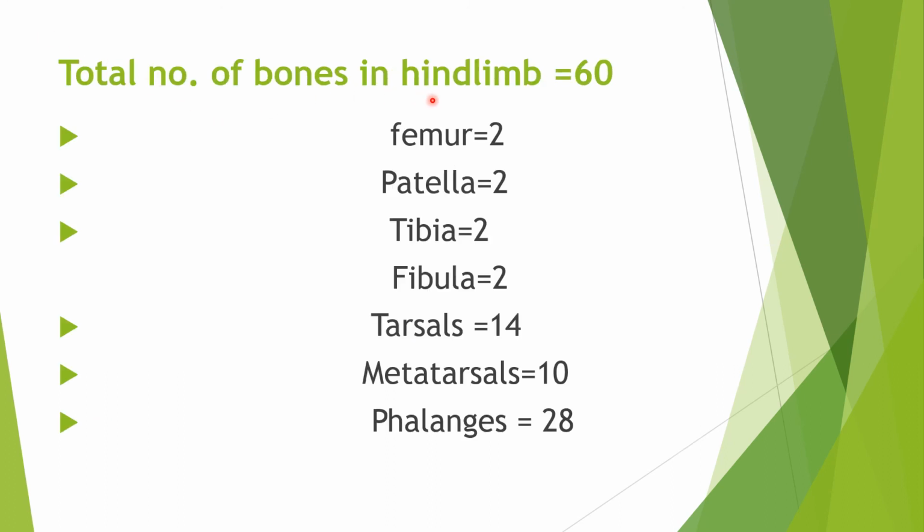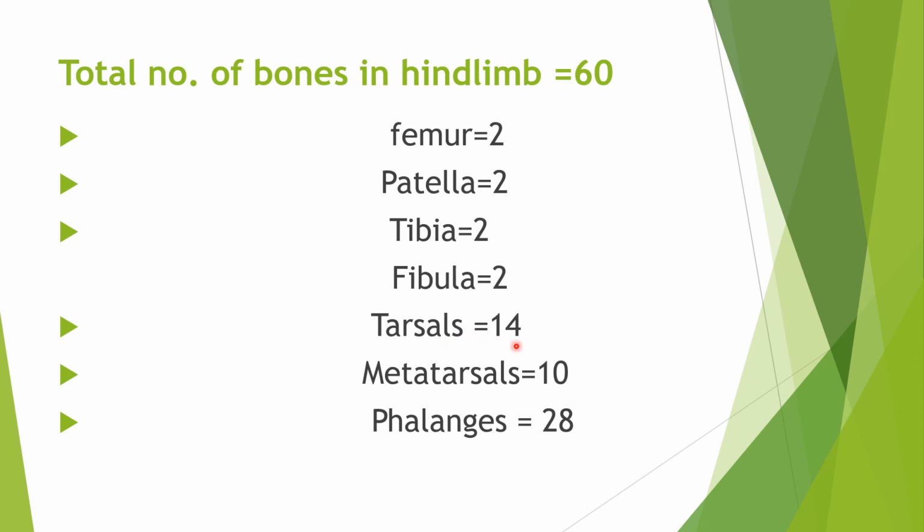Here the bones of the hind limb are also completed, and when you count them, there are a total of 2 femur, one on the right leg and the second one on the left leg. Same is the case with the patella and tibia and fibula. They are one on the right side and the other one on the left side.